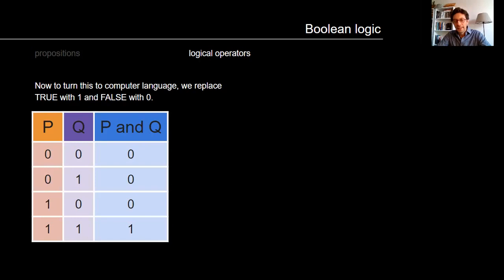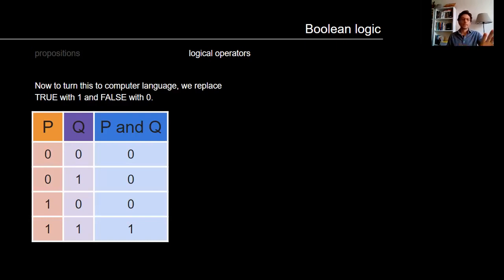So now we turn all this that we have learned about truth tables, truth values, and AND, OR, NOT operators into computer language. In order to convert everything into computer language, we replace true with 1 and false with 0 in our truth tables.